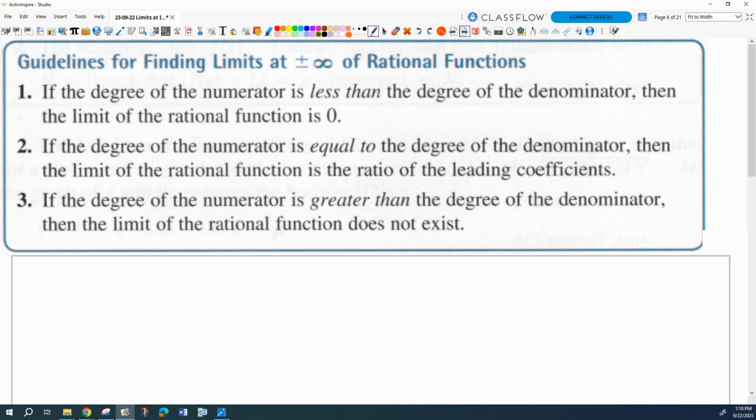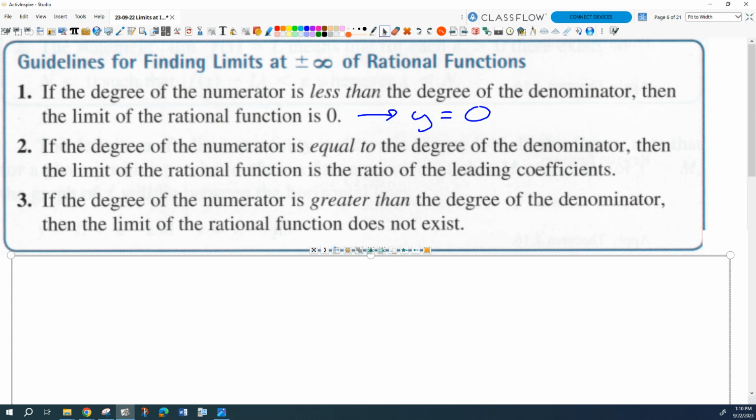So that gives us the horizontal asymptote, y equals 0. If the degree of the numerator and denominator are equal, then the limit of the rational function is the ratio of the leading coefficients. Okay? And finally, if the degree of the numerator is greater than the degree of the denominator, then there is no horizontal asymptote. The limit at infinity doesn't exist.